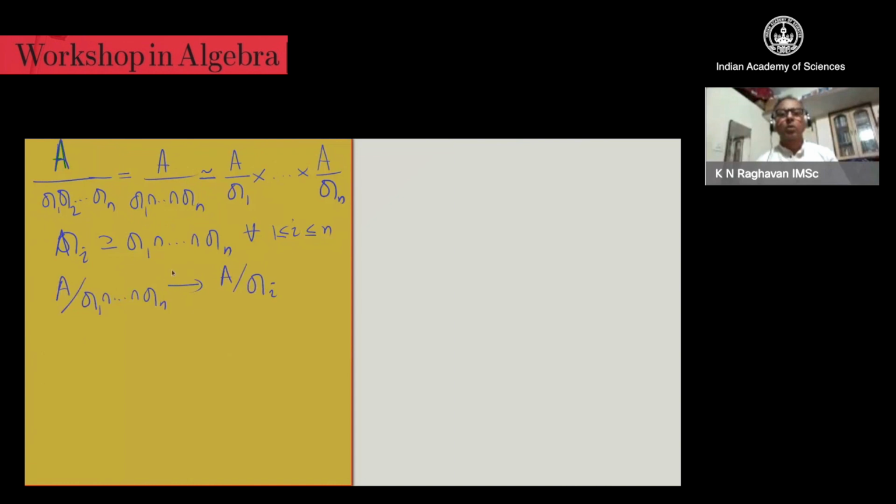So this is the standard quotient, call it pi i if you want. And so what we are saying is that if I take the product, this map is given by the product pi 1 cross through pi n to A mod A1 cross through A mod AN. This is an isomorphism. Let's see why this is an injection.